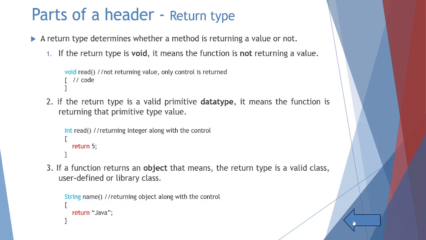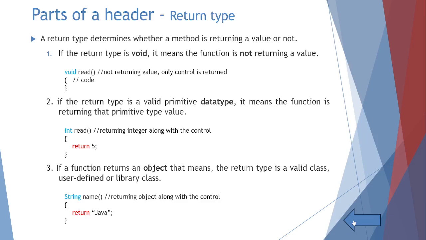Then a return type determines whether a method is returning a value or not. If it is void, then only control is returned. If the return type is a valid primitive data type, that means that method is returning a primitive type value. For example, int read, not void read.